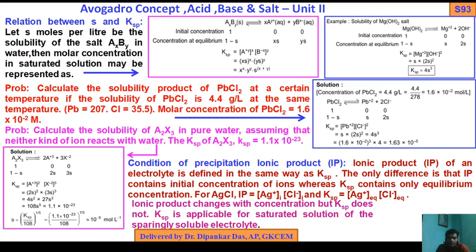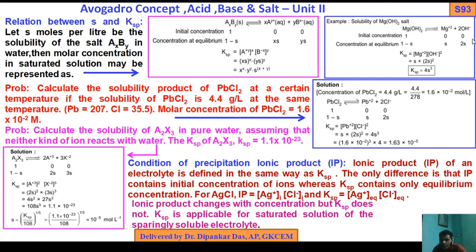Example: solubility of magnesium hydroxide salt. How to represent it? It dissociates into Mg^2+ plus 2OH^-. Initial concentration is 1 and the product side is 0, 0. At equilibrium the concentration is 1 minus S. Why S for magnesium? Because the coefficient is 1.